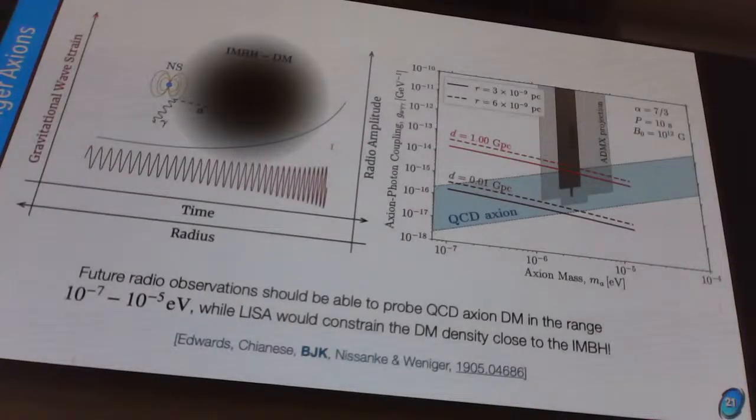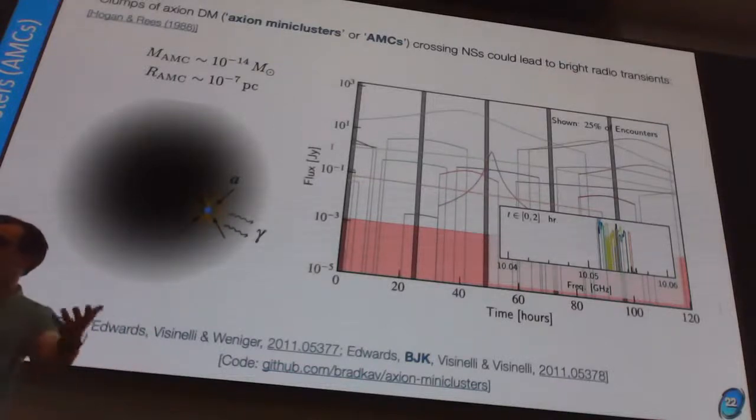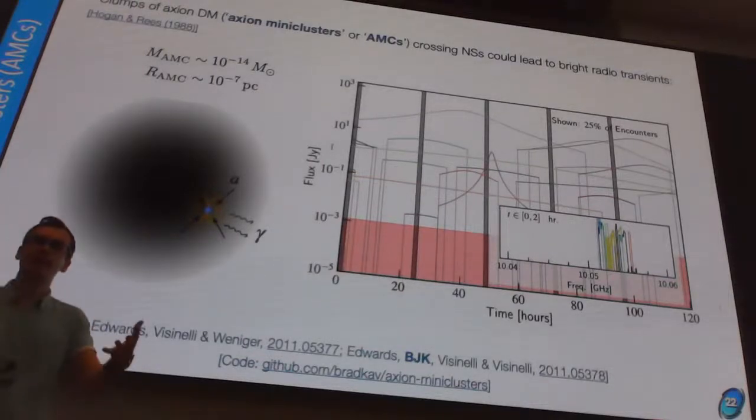So an alternative thing is that, what I was saying there was basically that you could have axions just in the Milky Way halo or in galactic halos, which are converted into photons. In some axion models, it's not completely a diffuse dark matter axion field.